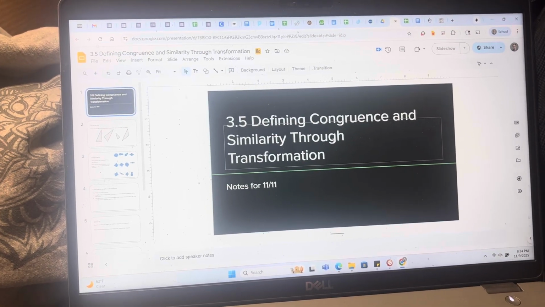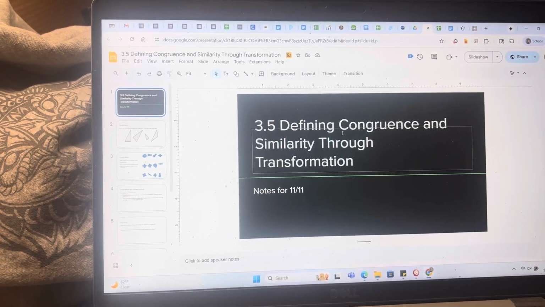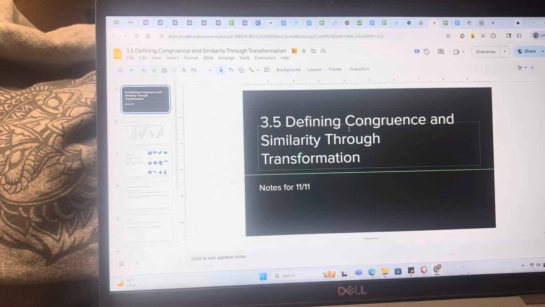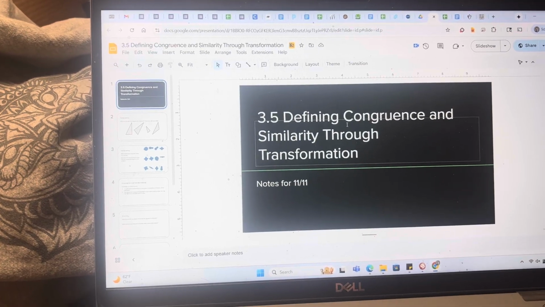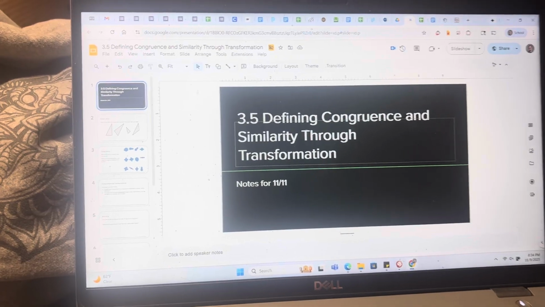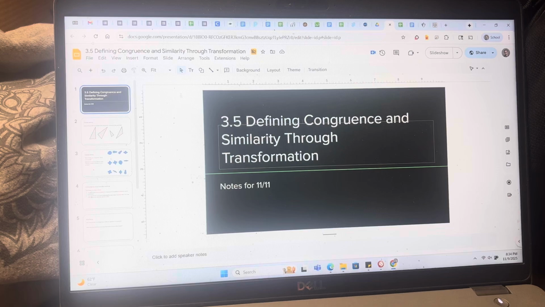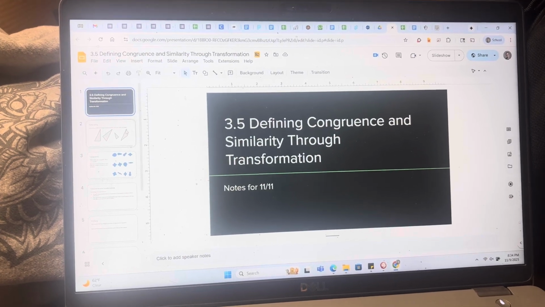So all the transformation stuff that we have been doing, the reflections, the rotations, the translations, and then the dilations, all of those are different kinds of transformations, and it's either going to make shapes that are congruent or shapes that are similar.